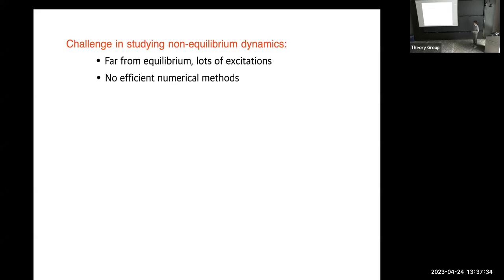For example, in one-dimensional systems, people use the matrix product state as a numerical method. This method works very well when the entanglement is not large, for example, when there is area law entanglement. But now, if the system is far from equilibrium, the entanglement can be like a volume law and so on. Then the numerical method doesn't work well.